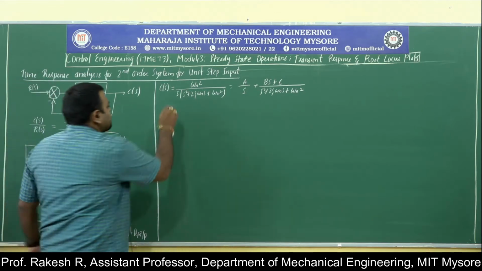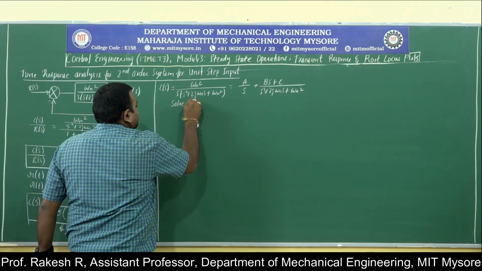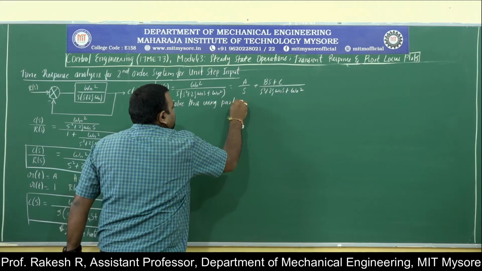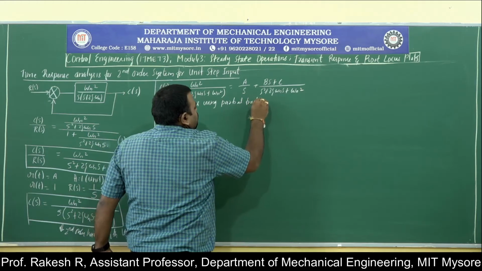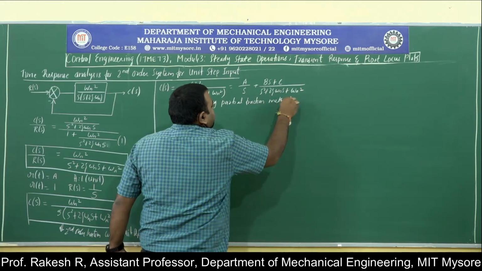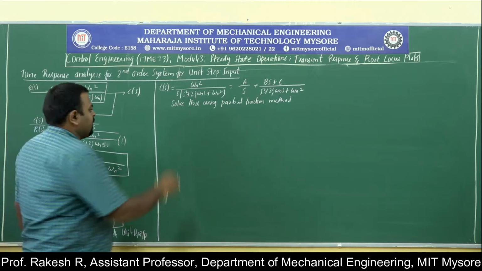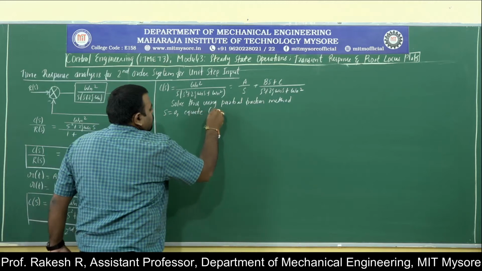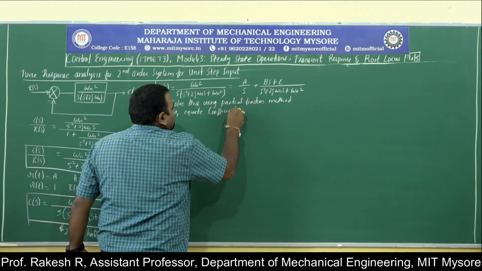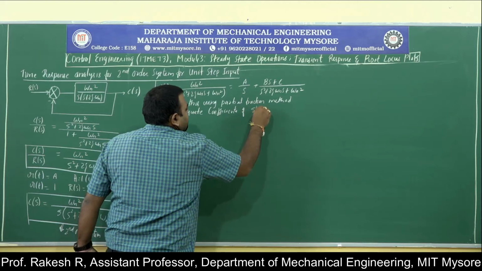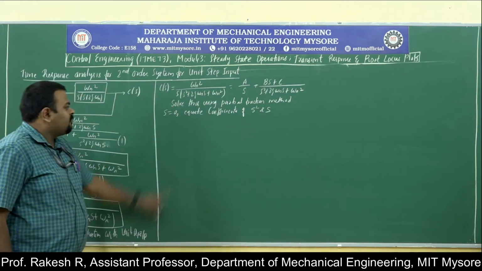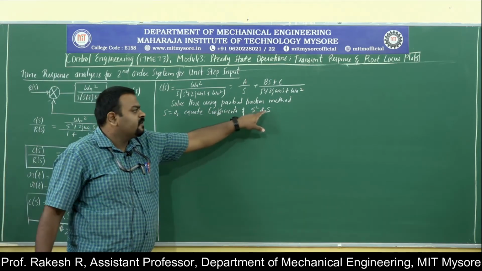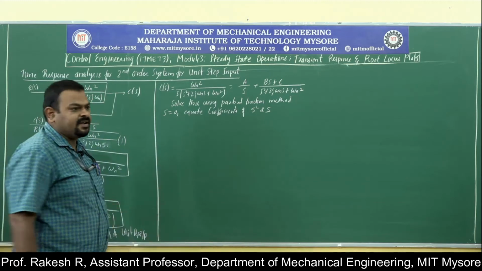Again, put s equal to 0, you will get one value, and equate coefficients of s square and s. Equating the coefficient of s square gives another value, and equating the coefficient of s gives again another value.